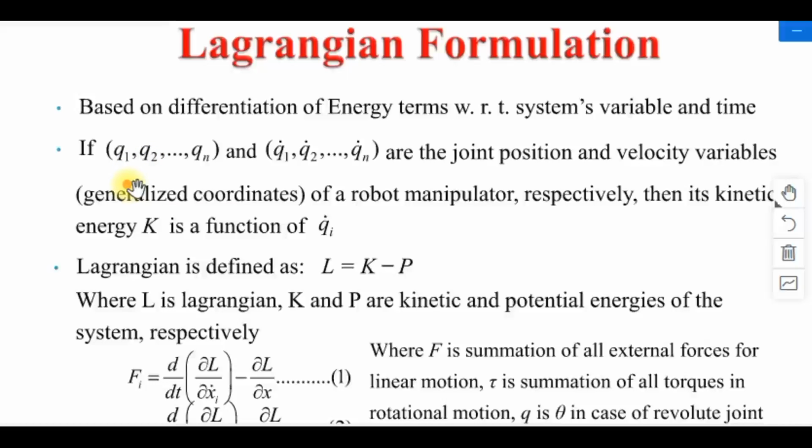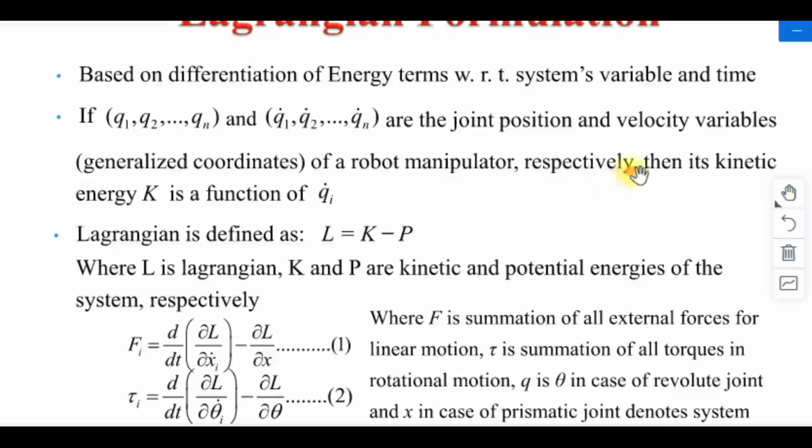This is the joint position and velocity variables of generalized coordinates of the robot manipulator respectively, and then its kinetic energy K is a function of qi and the derivatives of qi, meaning q1 dot, q2 dot, qn dot, which means d/dt of q1, d/dt of q2, and d/dt of qn, like that.